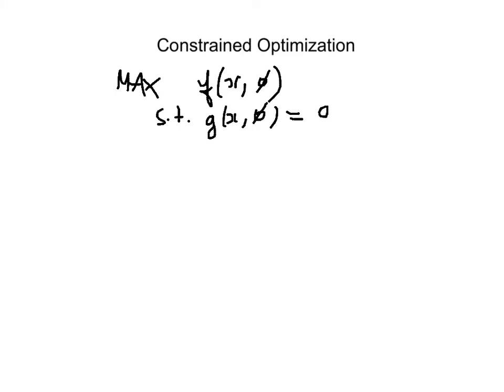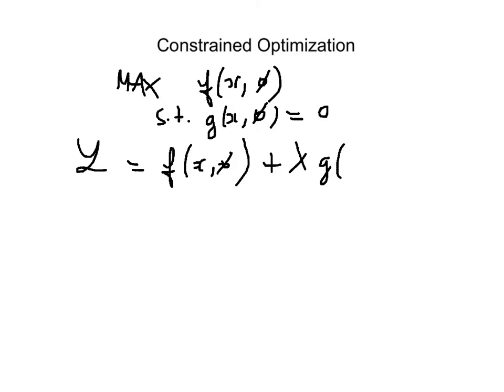Let's look at an interior solution for now. So we can write the Lagrangian, which is f of x, phi plus lambda g of x, phi.